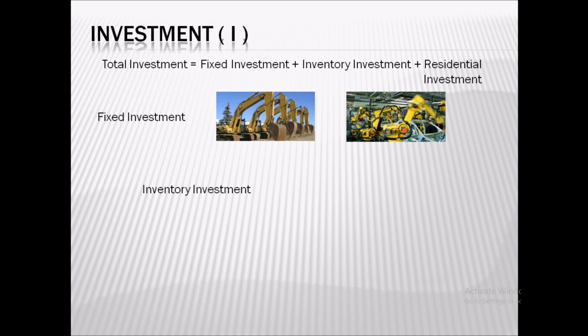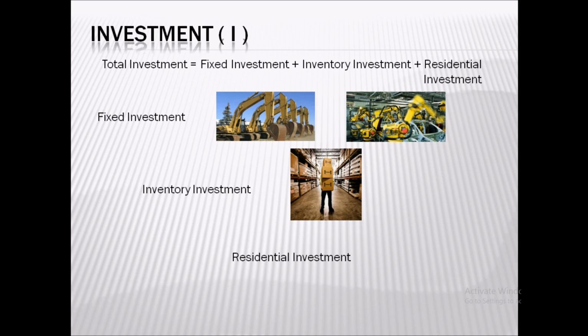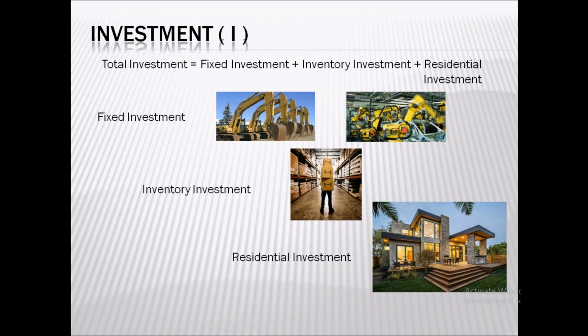So inventory investment represents that. And you have residential investment. Residential investment is the amount spent by individuals on residential properties. So these are the three components of investment for the purpose of calculating GDP.